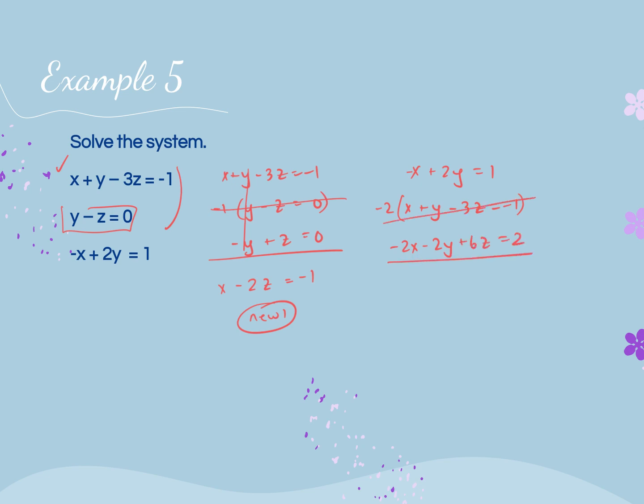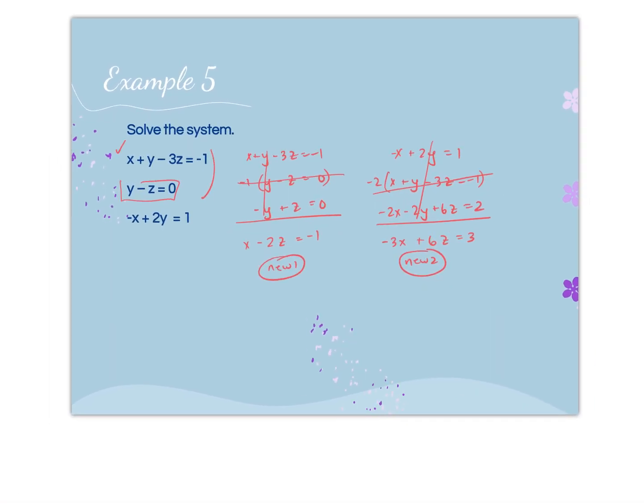And now I'm going to combine them. So I get minus 3x, these cancel, plus 6z equals 3. And now I have new 2. So now I have two equations with x and z, which is kind of what I wanted to get to, right? So I've got x minus 2z equals -1, and I have -3x plus 6z equals 3.